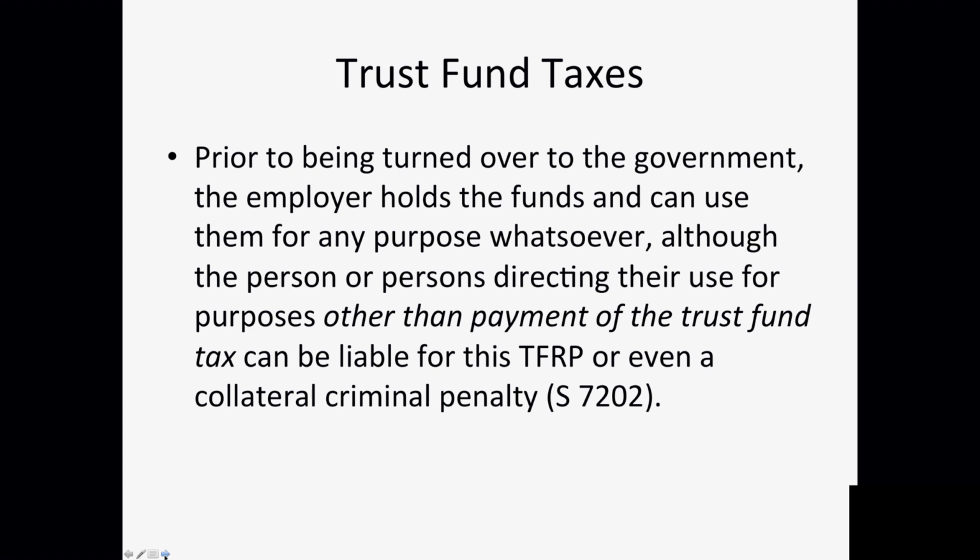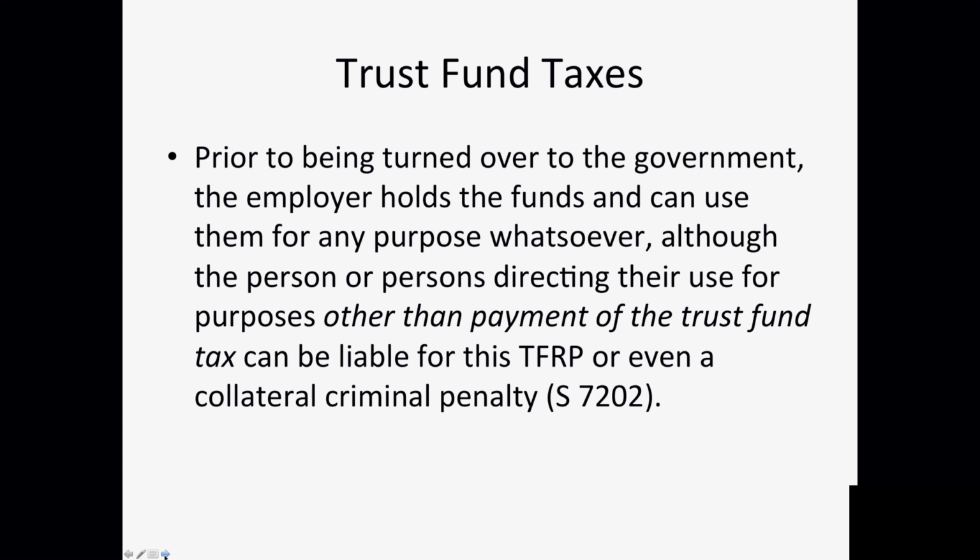So what's interesting here is that there is no hard and fast rule that requires the person or persons directing the use of the trust fund amounts to use it for that purpose. The money can be used for any purpose whatsoever. The problem is when the money doesn't get turned over to the government.